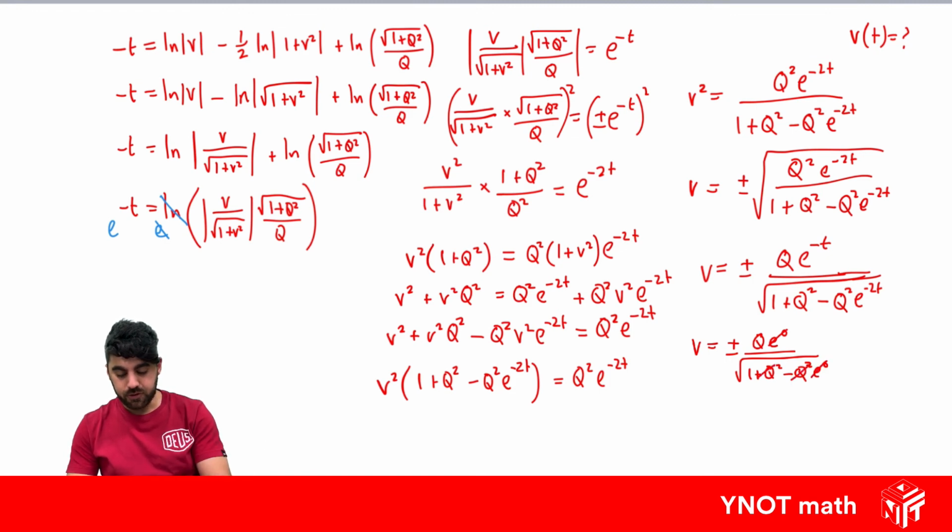Q squared minus q squared will go, and we're left with v equals plus or minus q times the root of 1, which is 1, and we know that needs to be positive, so we need to take the positive case only. So the final answer for v is q e to the minus t over the square root of 1 plus q squared minus q squared e to the minus 2t.